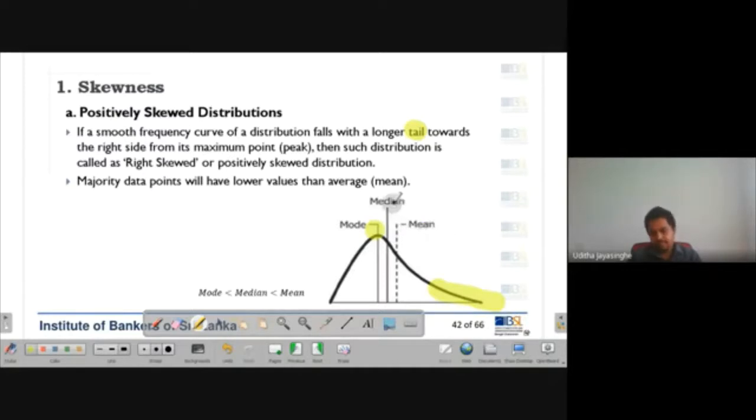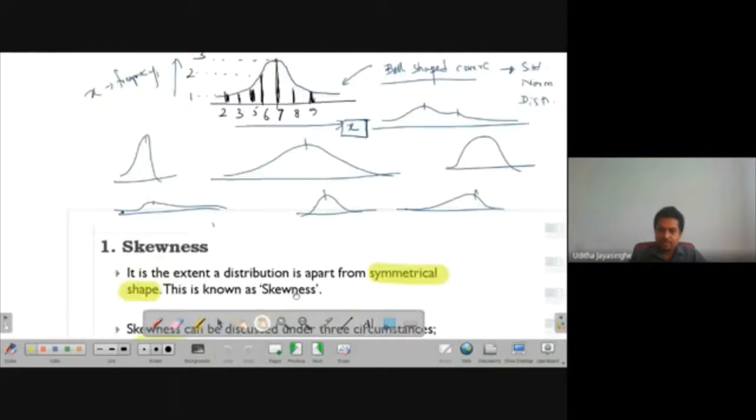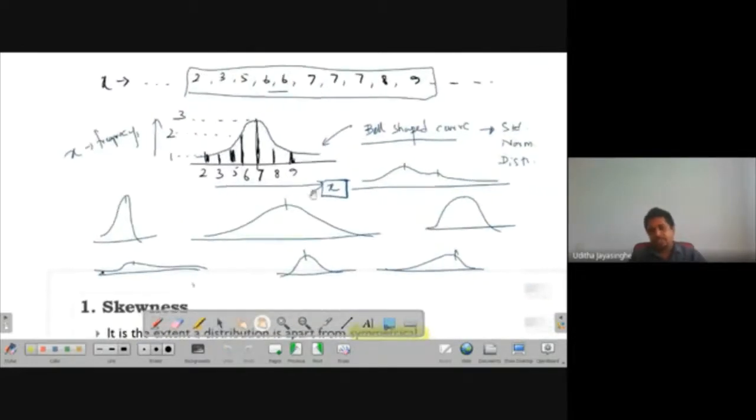What are these trends we have indicated here? Mode, median, and mean. These are the ones that we have learned previously, isn't that so? So all we can conclude at this point is that once you plot a small frequency distribution, you put your x values on the x-axis and the frequencies on the y-axis.